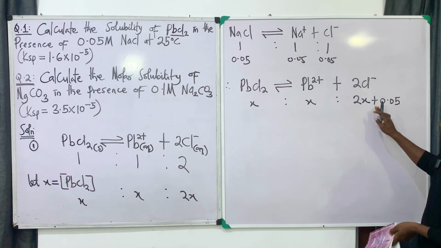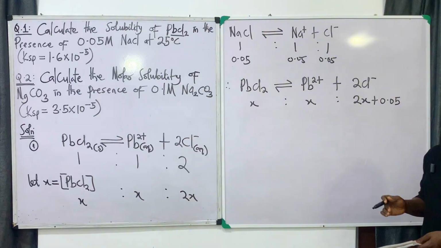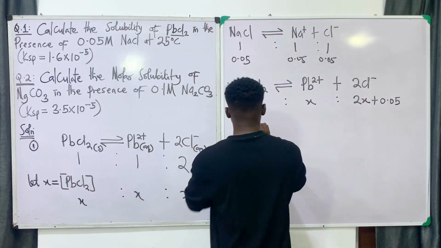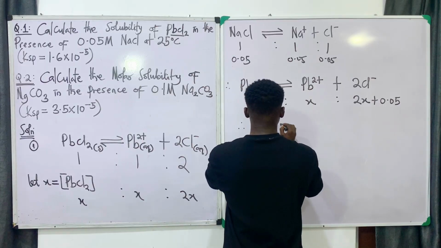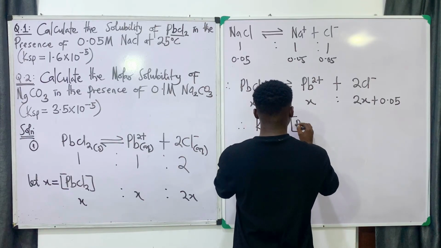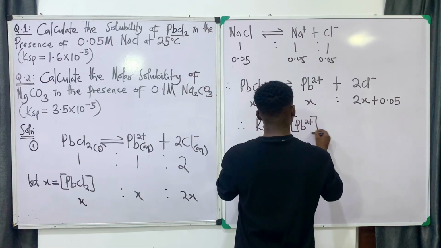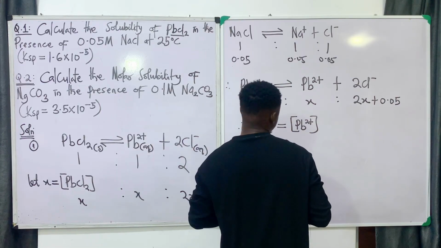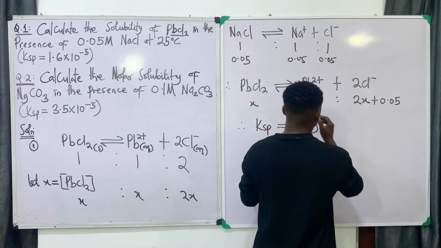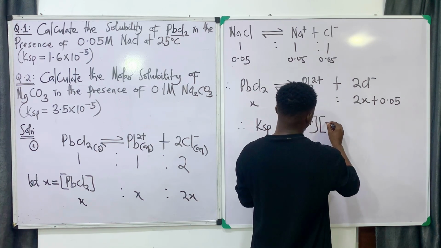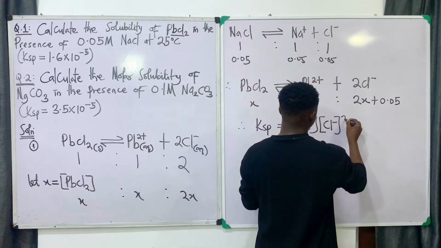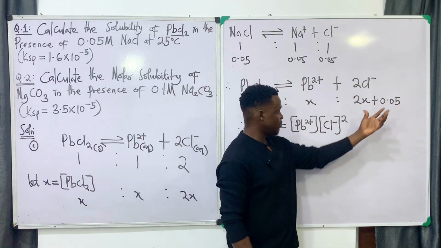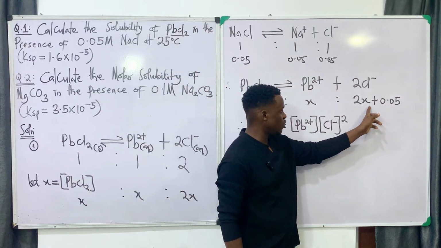All right, so you can decide not to put this guy, or you can still decide to put it. So I'll leave it here. Okay, so I'll now say Ksp will now be Pb2+ into Cl-. Now, this is the explanation, but in exams you don't really have to put this here.